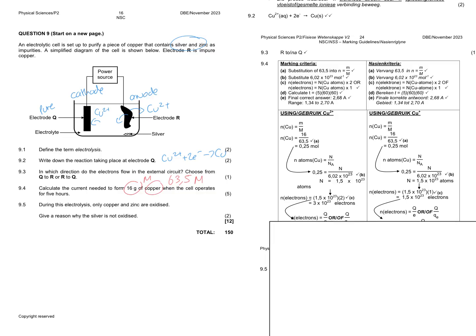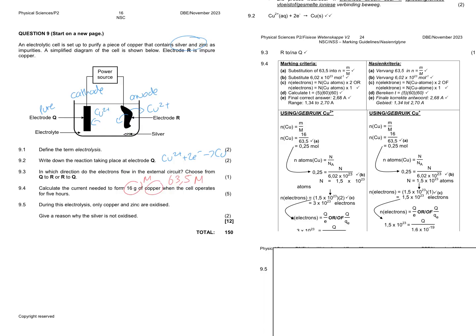And so you need 2 electrons for every atom of copper, because it's Cu2+ plus 2 electrons makes Cu. So 2 electrons are needed for 1 atom of copper, according to the reaction that you're given on table 4B.